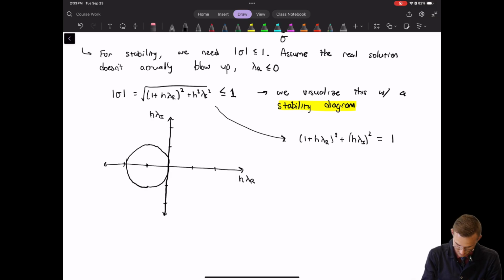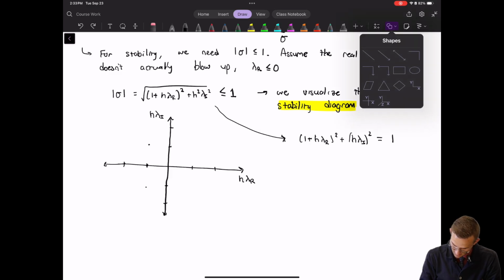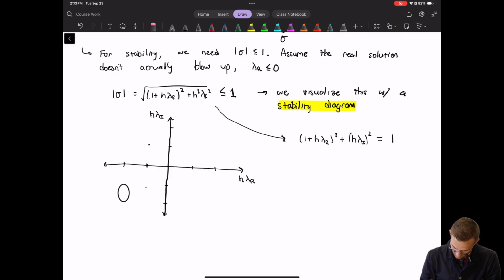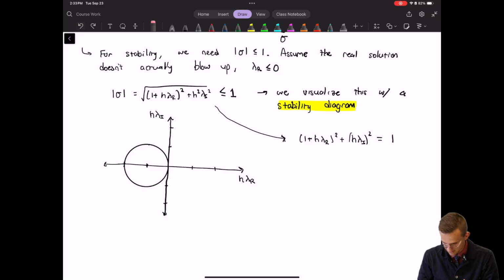In fact, I think there's a way to make a nice, yeah, there we go. Make sure this is nice and centered here. Okay. All right, nice.